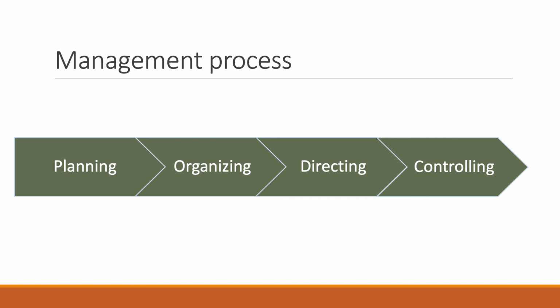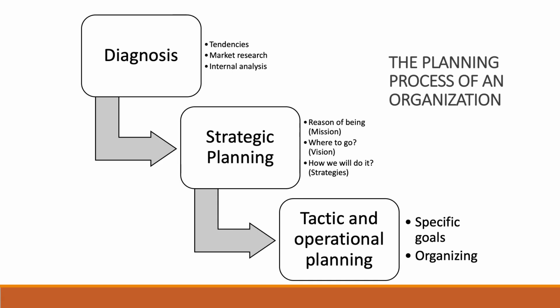So these 4 steps are very important in management. So if we focus only on the planning process of an organization, we're going to see that planning is a very, very important process and activity in an organization.